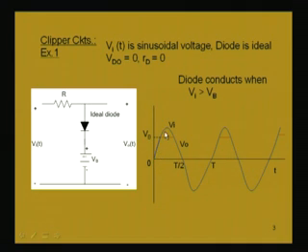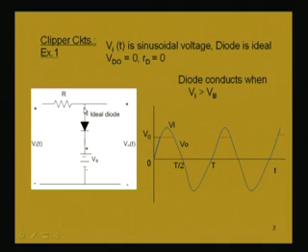Suppose we consider the half cycle in which Vi rises. Till the point where Vi is less than VB, this point is at a lesser potential than that point, so obviously the diode will not conduct.